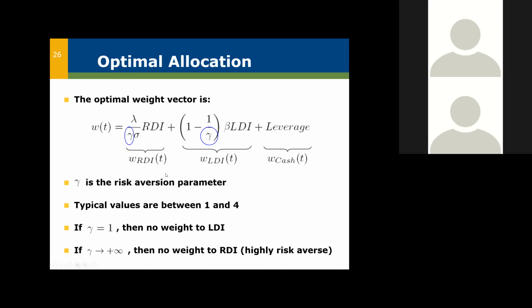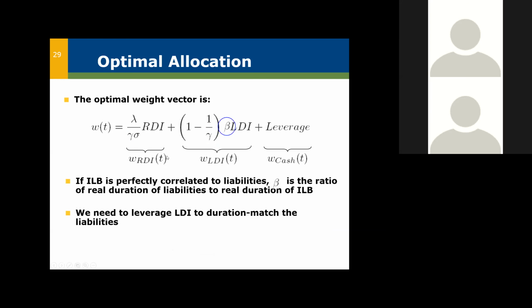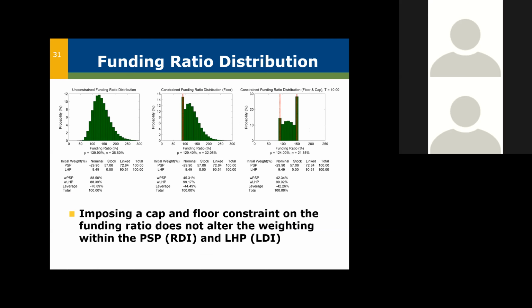And so you can imagine this is very much like engineering your return profile or like an option replication. So this is what we've done here. This shows the funding ratio without a cap and floor. This shows a funding ratio with a floor, and then this shows a funding ratio with a cap and floor. This is getting into a more advanced topic. This is why I wrap up the course with this, just to give you a flavor of the types of topics you would get into if there was a more sophisticated or advanced version of the course.